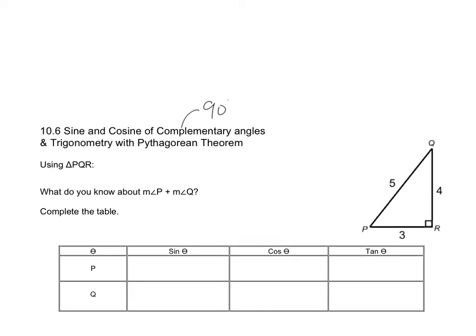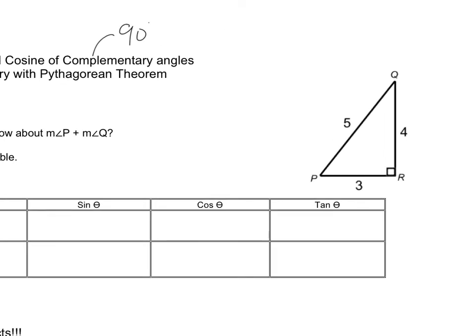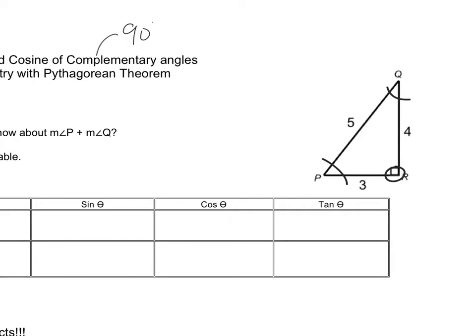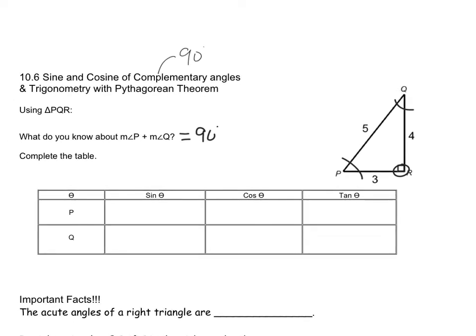So for instance, if I wanted to use triangle PQR right here, I already have a 90 degree angle. That means between angle P and angle Q, they have to add up to 90. So that's what I know about that relationship. That's just a little fact that we're going to be using throughout this lesson.